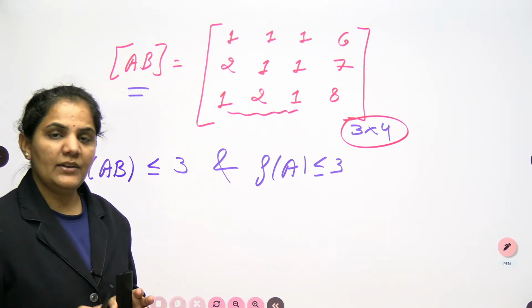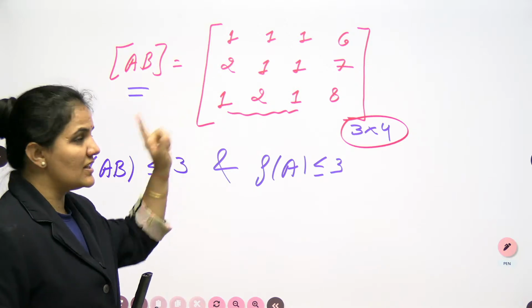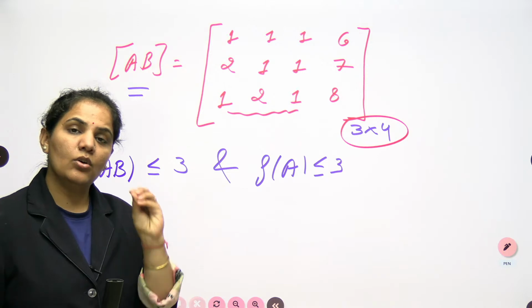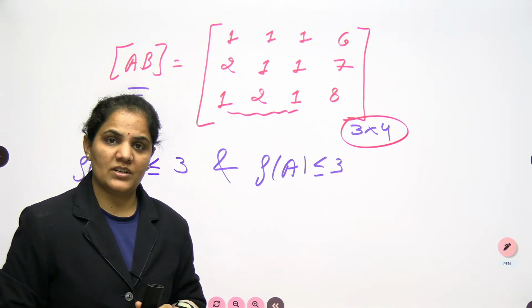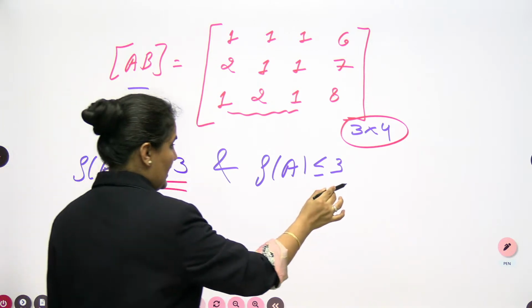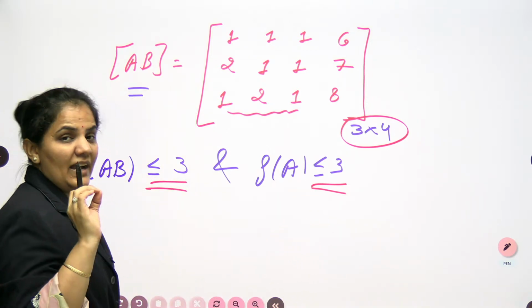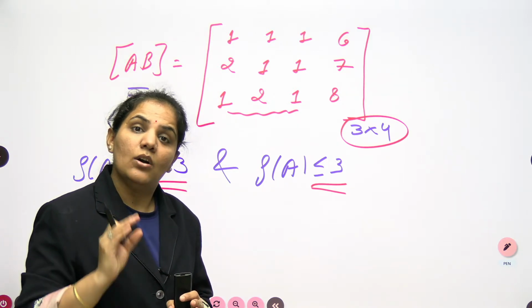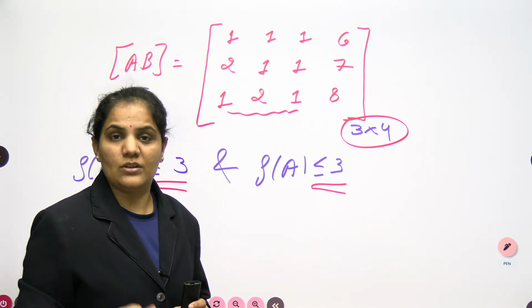Now, for solving this augmented matrix, we need to follow the basic rule of row transformation. Because ultimately, if my rank is less than or equal to 3 in both cases, I need to check all the minors of 3 cross 3.